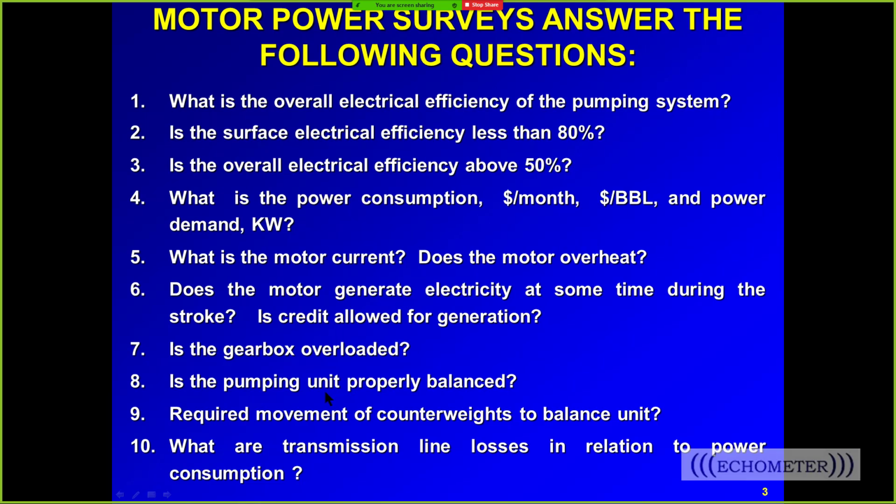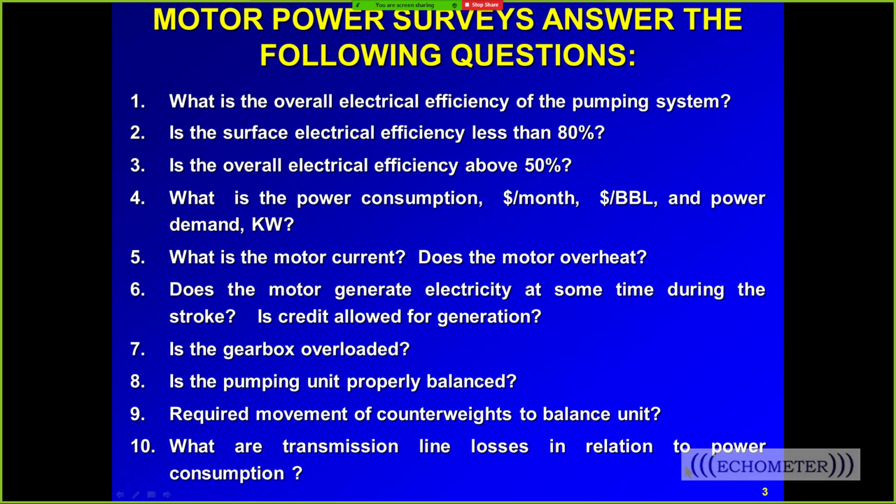That will make the motor have less cyclic loads and less heat lost as the current runs the motor. We can use the power probe to tell us where to place the counterweights on the crank to reduce overload and to balance the pumping unit.